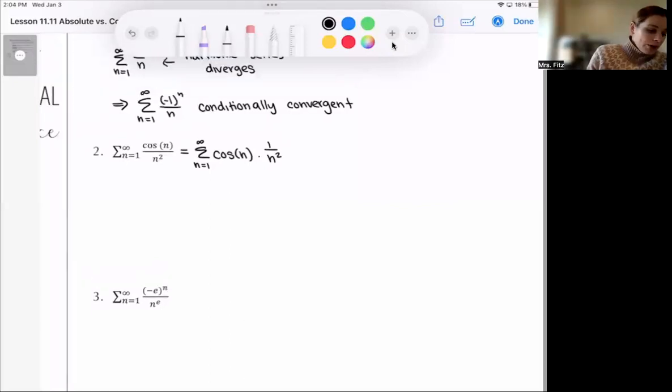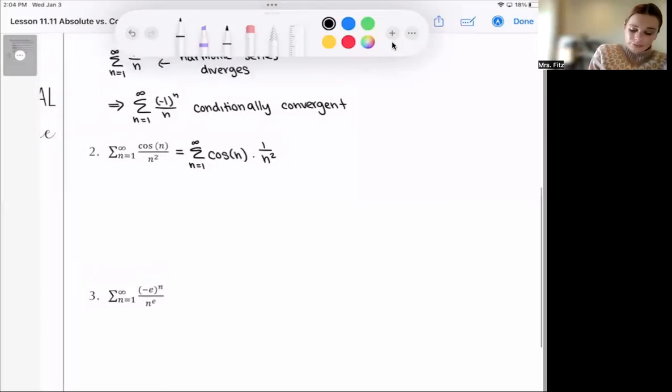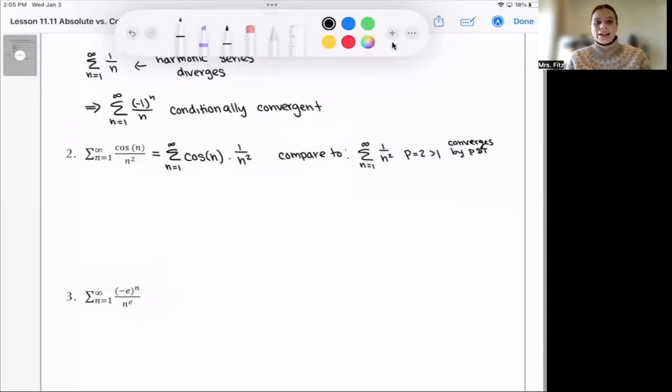And so you can compare it to the sum from n equals 1 to infinity of 1 over n squared, p equals 2, right, which is greater than 1. This converges by the p-series test. And remember, cosine of n times 1 over n squared is going to be less than something that converges.